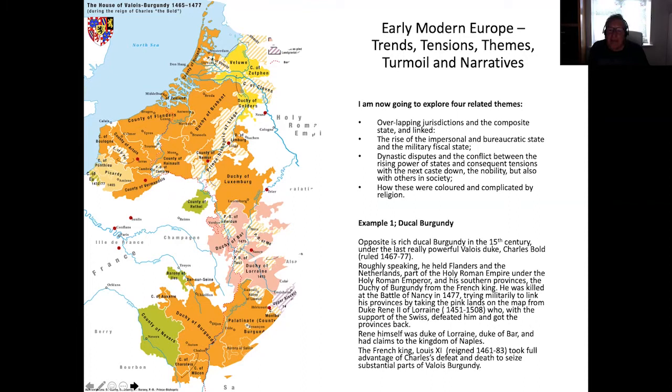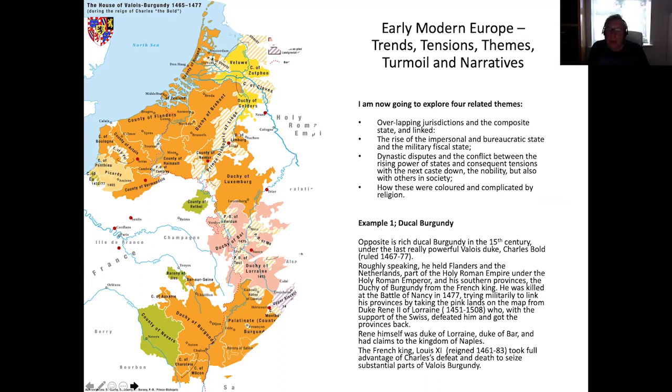All right. Essentially, between the latter part of the 14th and the end of the 15th century, Burgundy was ruled by Valois dukes who were very rich and very powerful. And the orange bits you can see above are basically what you might call the ducal lands. The interesting thing about the Dukes of Burgundy is they were incredibly powerful.